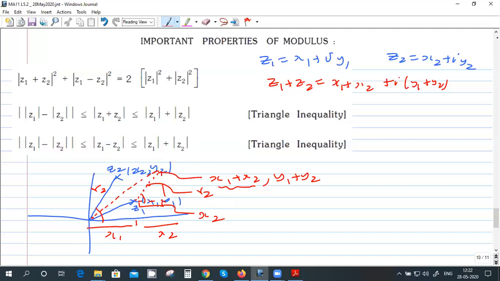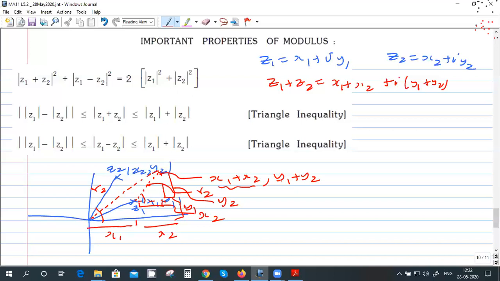Similarly for y: this projection will be y2 and this is already y1, so the y coordinate of this point will be y1 plus y2.